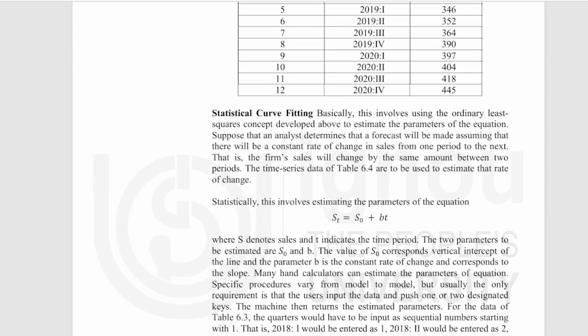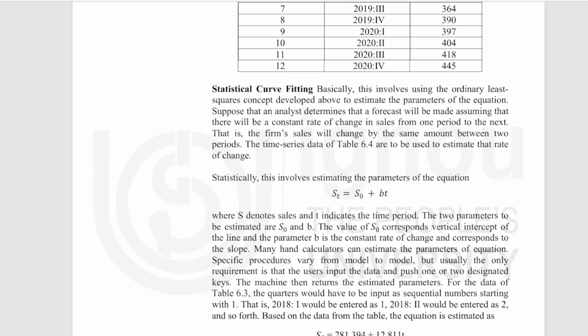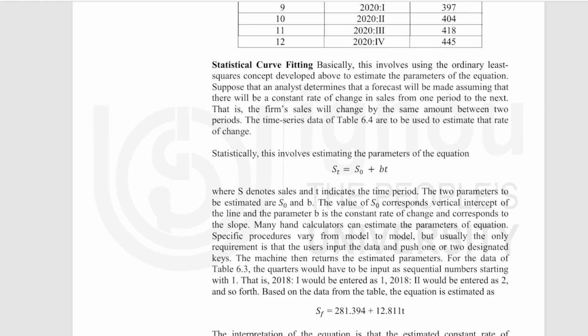Statistical curve fitting basically involves using the ordinary least squares concept developed above to estimate the parameters of the equation. Suppose that an analyst determines that a forecast will be made assuming that there will be a constant rate of change in sales from one period to the next, that is, sales will change by the same amount between two periods.